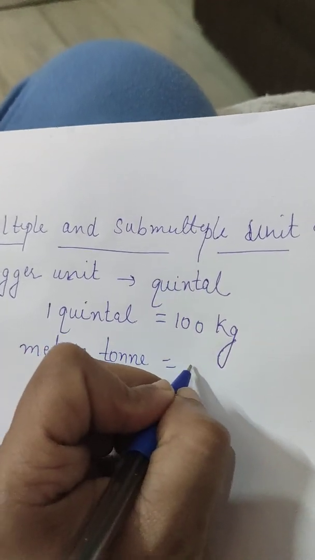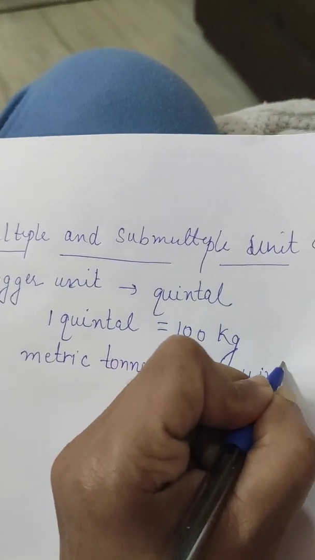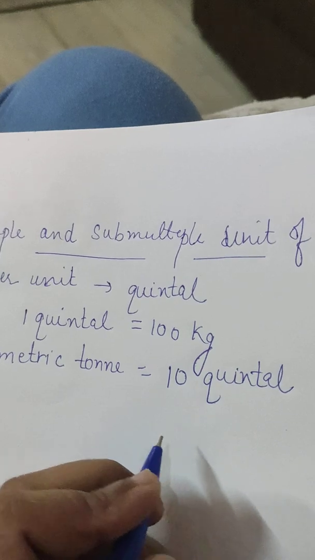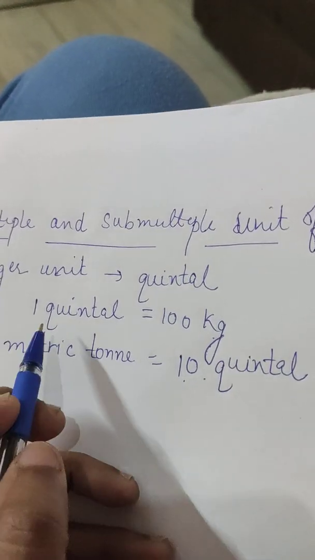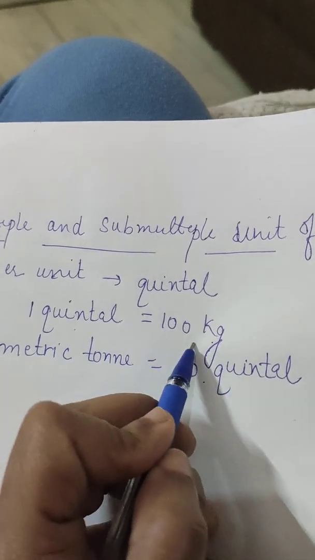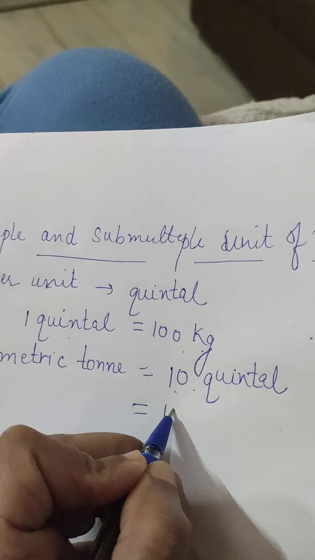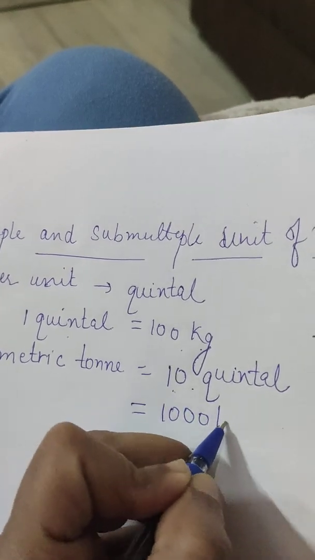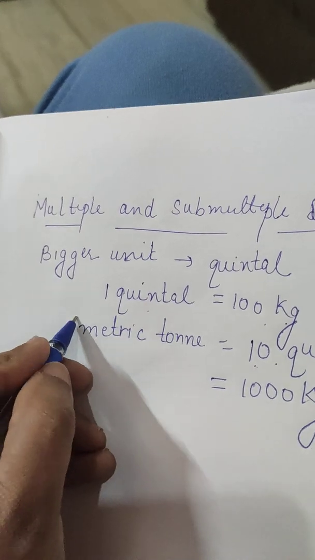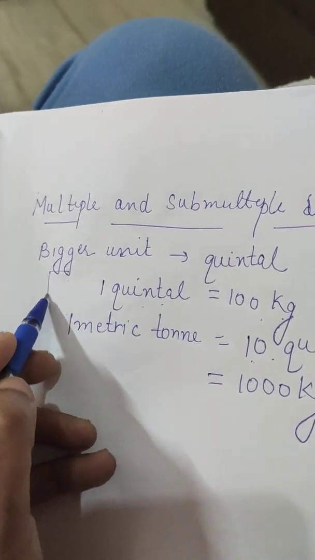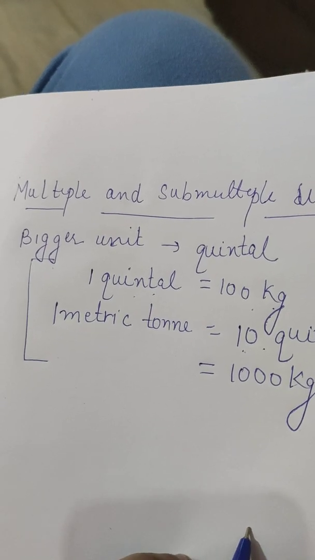So 1 metric ton is equal to 1000 kilogram or 10 quintal. How 10 quintal? If 1 quintal is equal to 100 kilogram, then 10 quintal is equal to 1000 kilogram. The quintal and the metric ton are the bigger units, the multiple units.